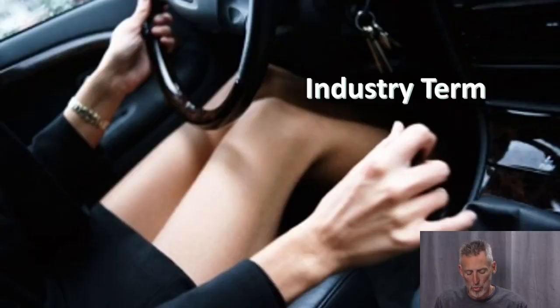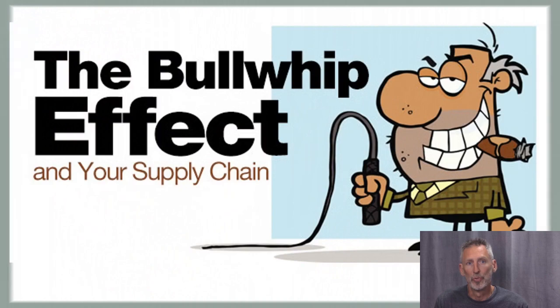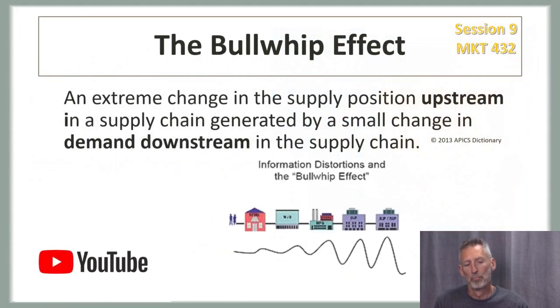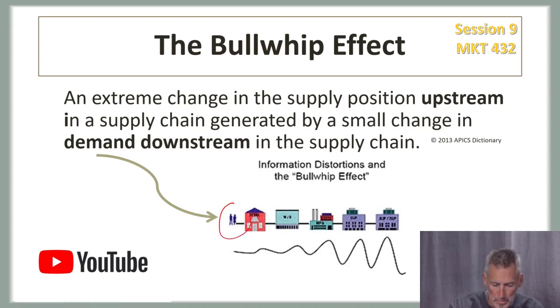So one inventory term that I would like to introduce you to is the bullwhip effect. What this bullwhip effect represents is when we see a small change in demand downstream, okay? Downstream demand would be the consumer. So here's our consumer.